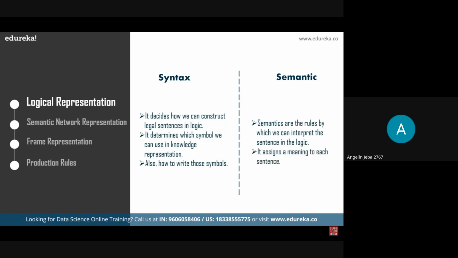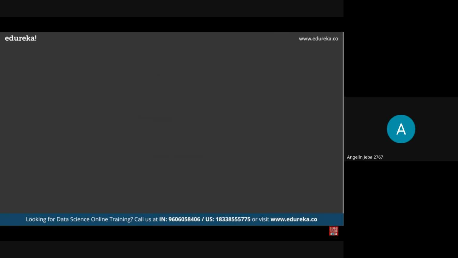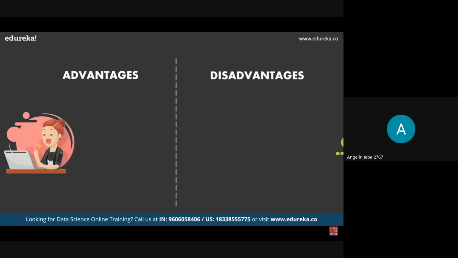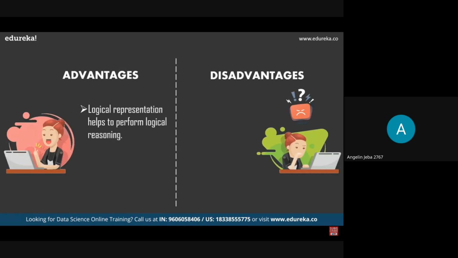Also, it assigns a meaning to each of these sentences. So let's talk about some of the advantages and disadvantages of this representation. Now, logical representation helps to perform logical reasoning. This representation is also the basis for the programming languages. These are some of the advantages of logical representation.